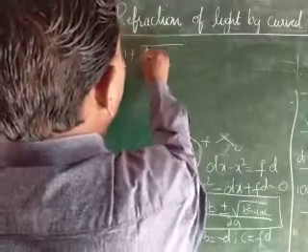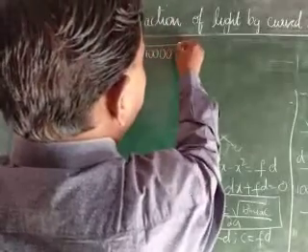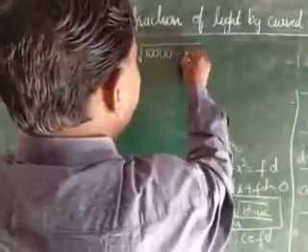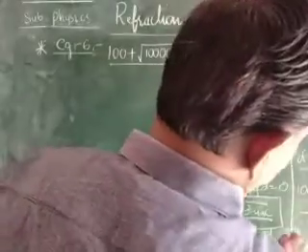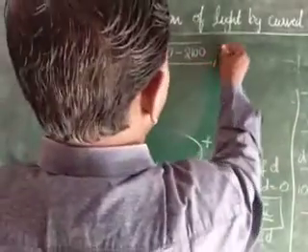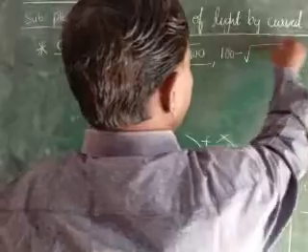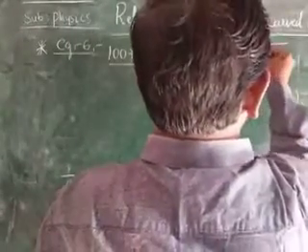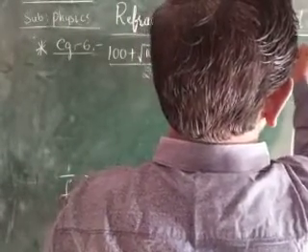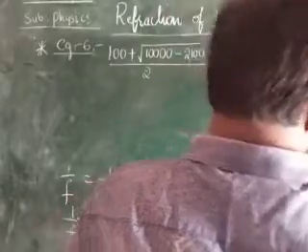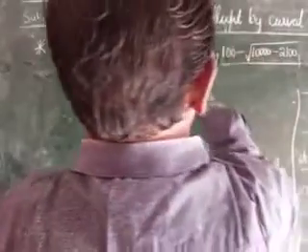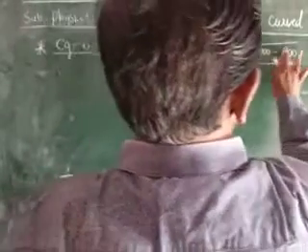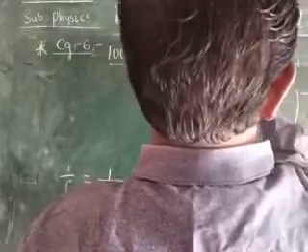100 plus root of 10,000 minus 4 into 21 into 100, which is 8400, by 2. Another one is 100 minus root of 10,000 minus 8400, by 2.